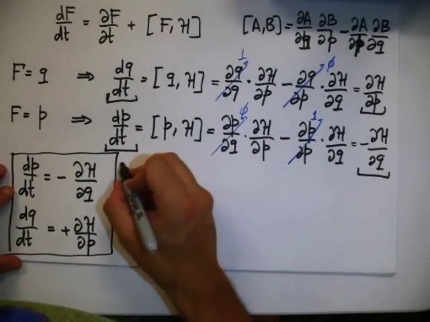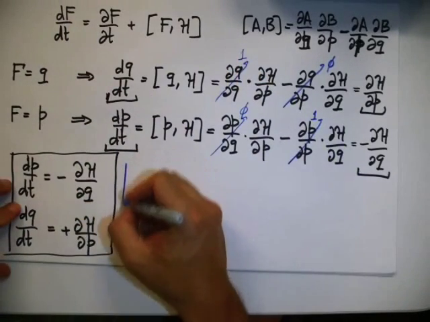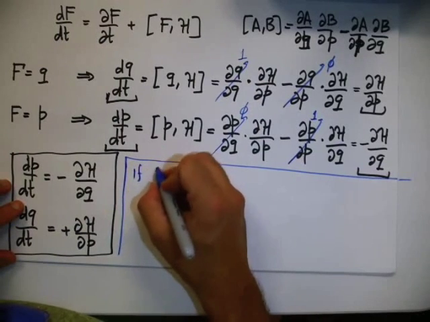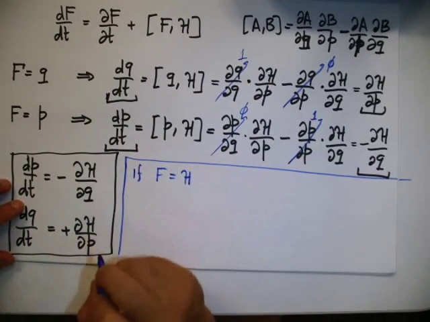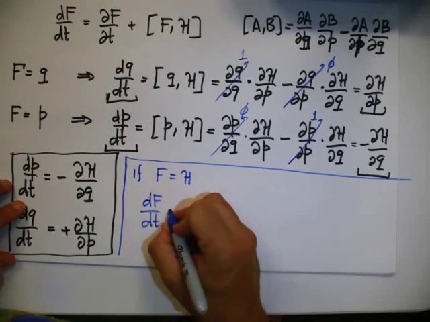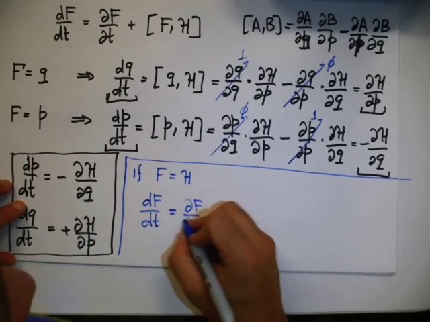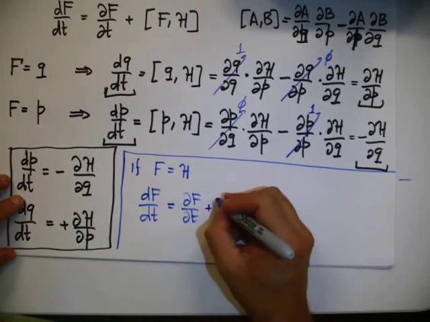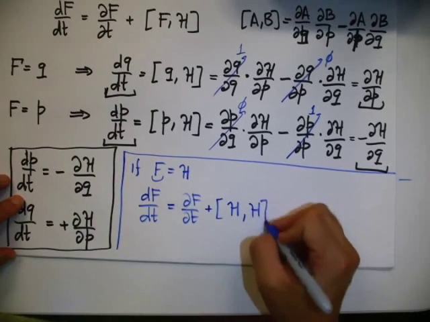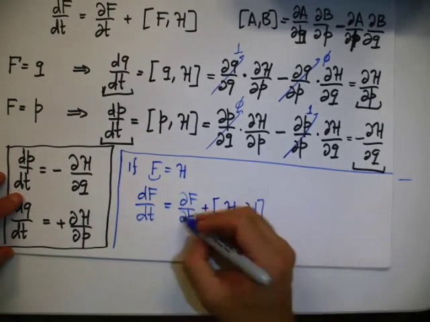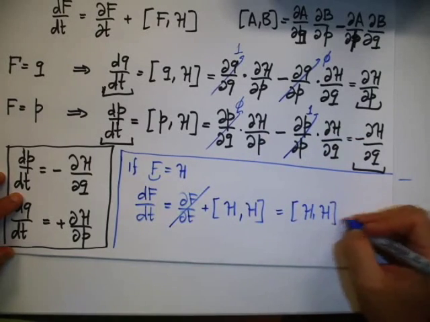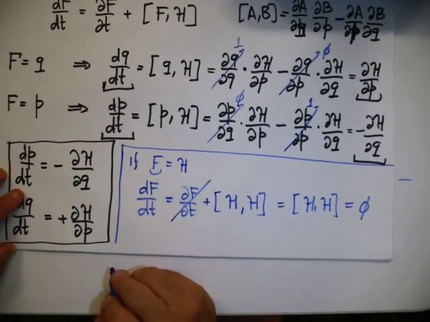Now I can also consider as an observable f equal to H. Then dH dt is equal to the partial of H with respect to t plus the bracket of H with H itself. The partial disappears, and the bracket of H comma H is equal to 0.